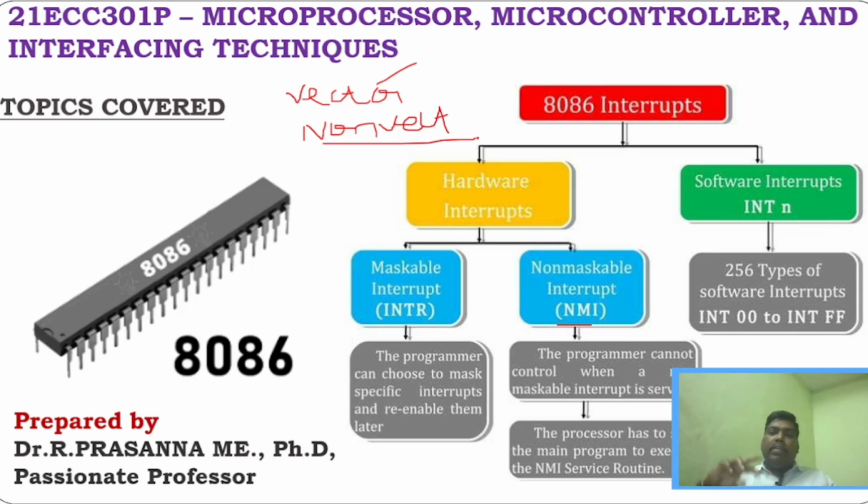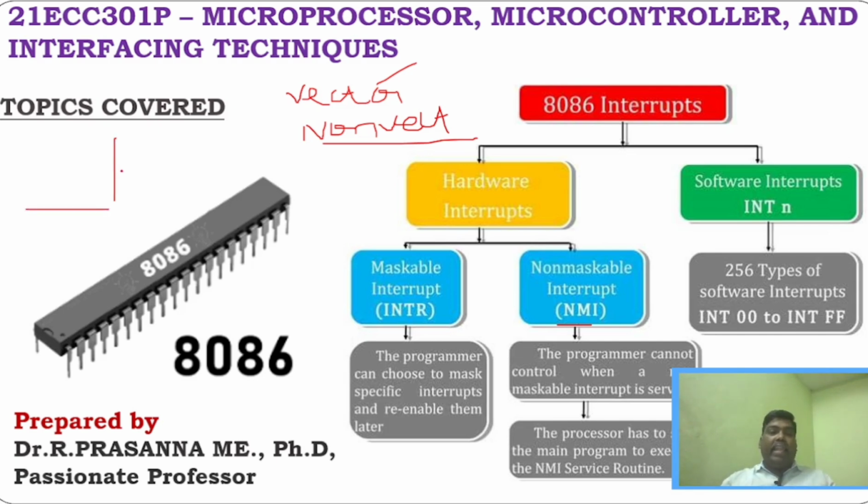Similarly, what is a maskable interrupt and what is a non-maskable interrupt? With a non-maskable interrupt, we cannot control that particular interrupt; you will not be able to disable it. For a maskable interrupt, the microprocessor has its own decision whether to serve the interrupt or not. Say the microprocessor is executing the main program and a maskable interrupt occurs.